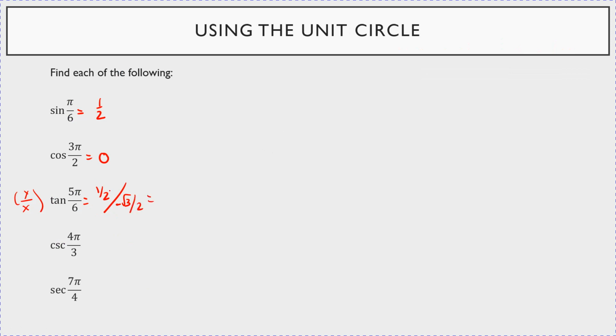So keep 1/2, change, and then flip. So the 2's cancel. You're left with minus 1 divided by the square root of 3, which when you rationalize this is minus the square root of 3 over 3.